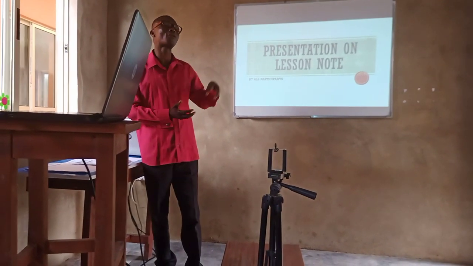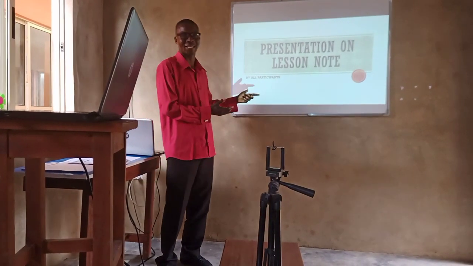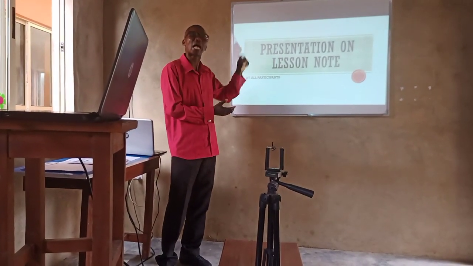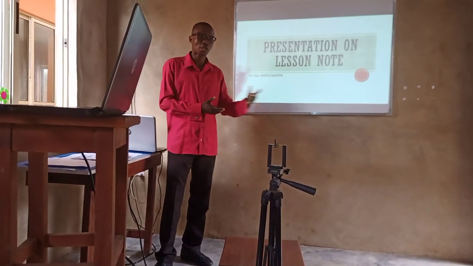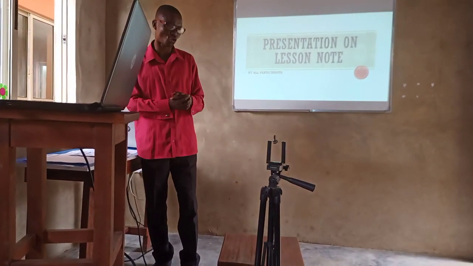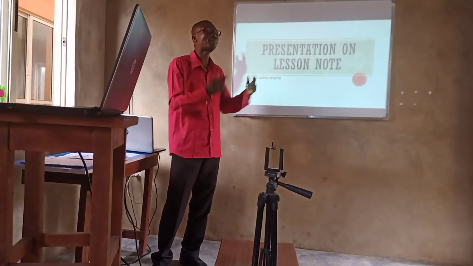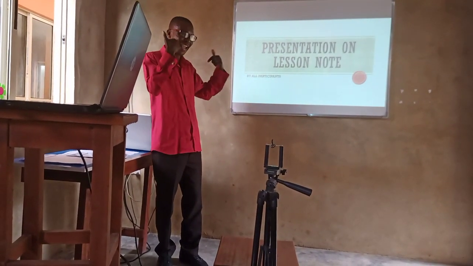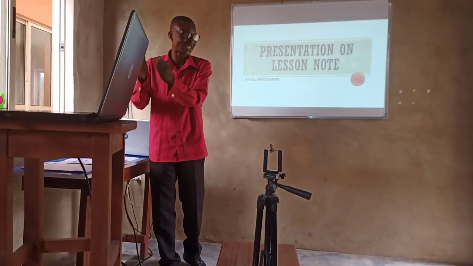You should be able to register in the mind of your reader a mental picture of what you are describing. For example, if you are describing this classroom to somebody outside, the picture should be in that person's head when he comes and says, this was the class he was describing.